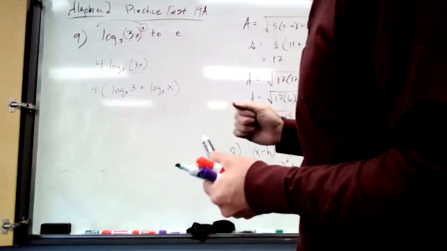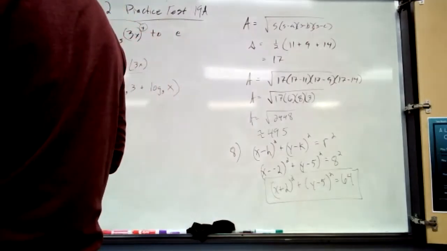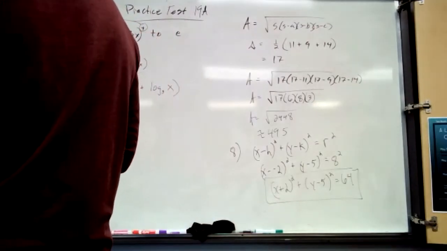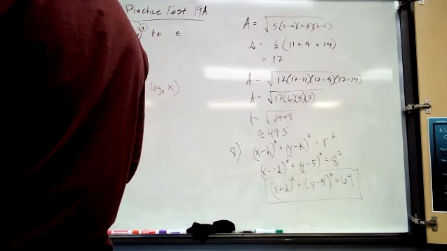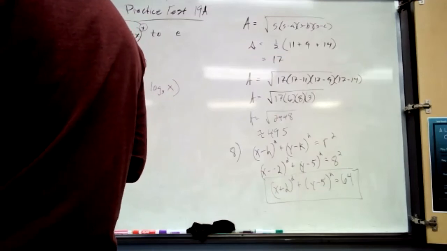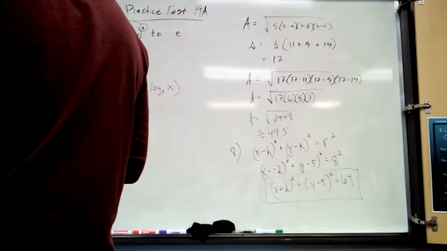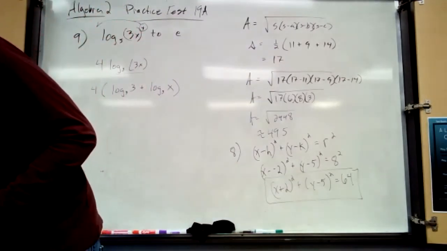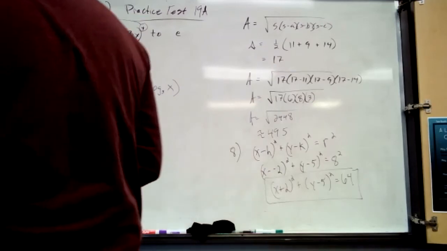All right, now we are going to divide by 4. Well, I mean, we can just leave it like this. It says use the change of base formula. I don't know that you need to do that. I think you can just evaluate it from here. Right?